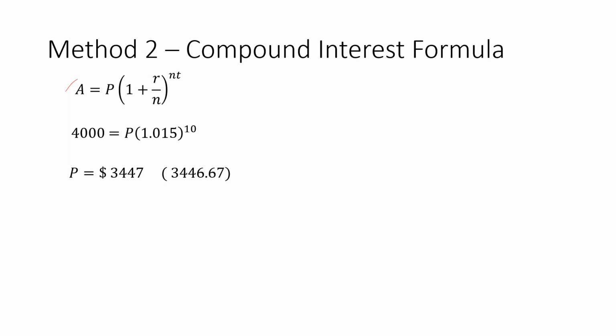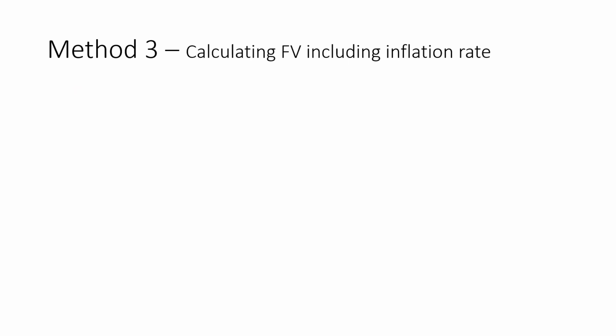Okay, so let's try to find another way of solving this problem. In this method, we are going to calculate our future value, including the inflation rates. If you remember, in our previous methods, the desired future value is 4,000, but we already have our interest to be 1.5%.